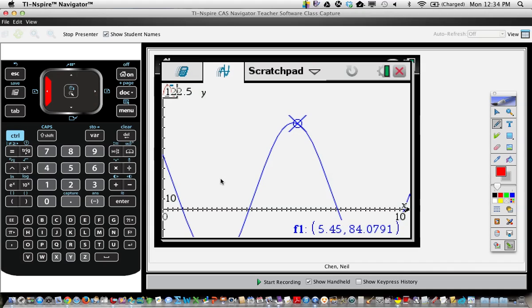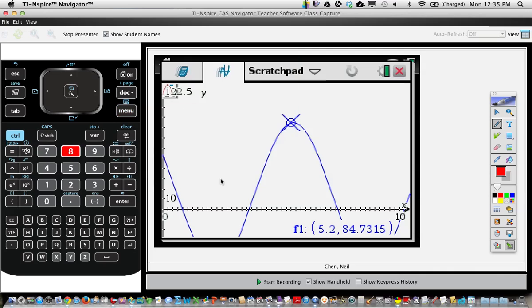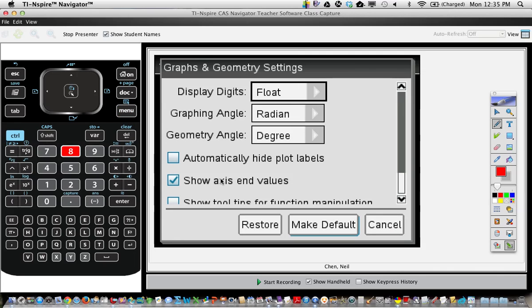Did anybody else's do that? There's another setting for that. Huh, now it was doing it for us. Is there another setting for that? Yeah, it's in the settings. Okay, go to menu again. We want to make sure everybody will do this. So go to 8, settings. It's at the very bottom. You have to scroll down.